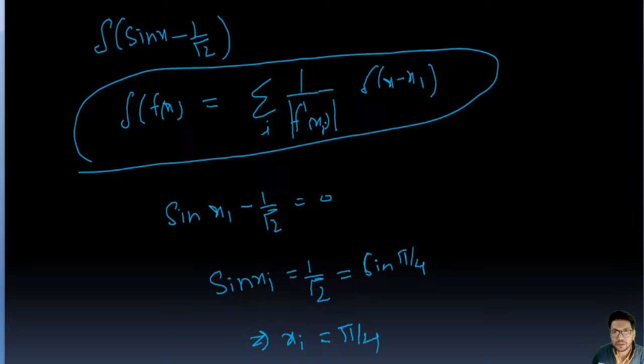Now we'll put this value. So the value of delta of sin x minus 1 upon root 2 is going to be sigma i, and 1 upon, we will differentiate it.